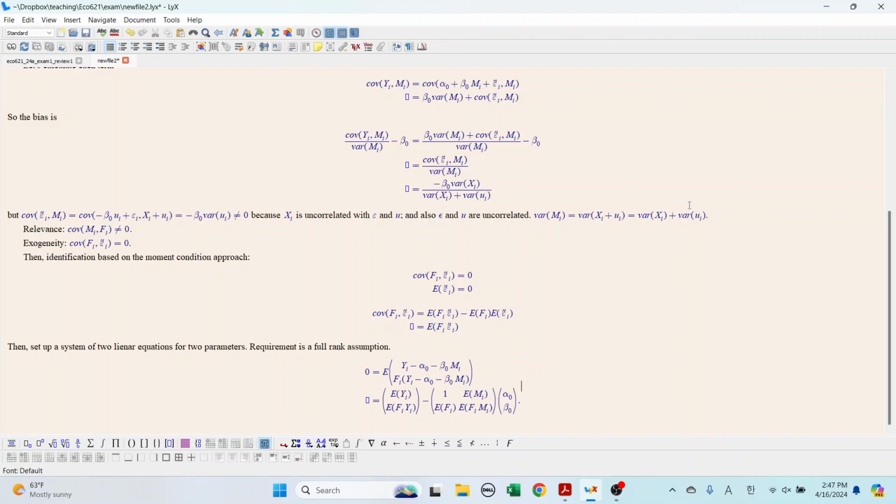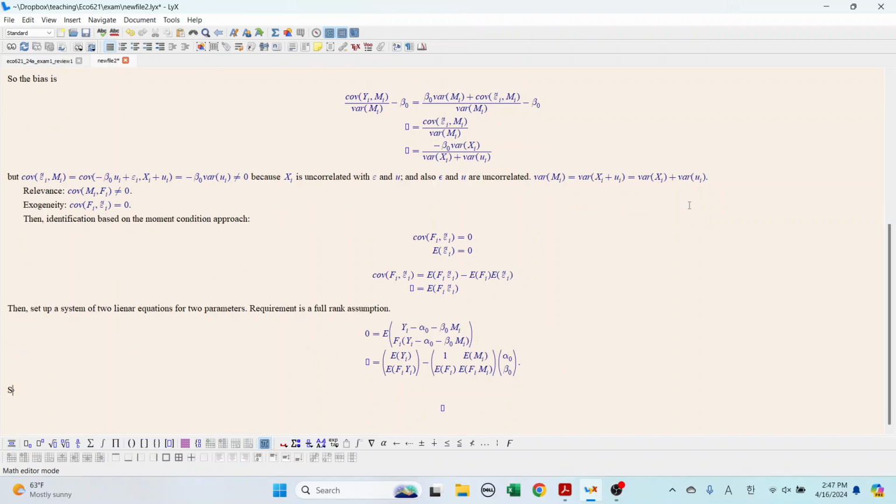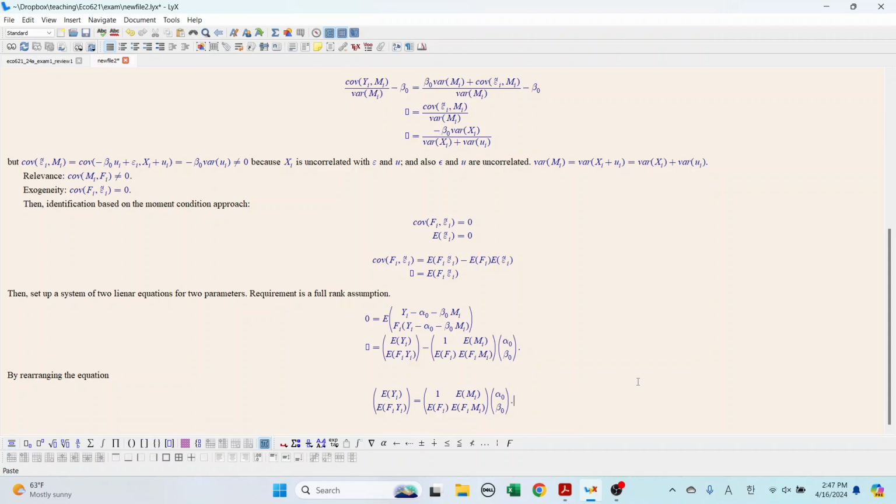Okay, so by rearranging the terms of the equation, we get this equals this. If the matrix on the right hand side is invertible, the parameters are identified.